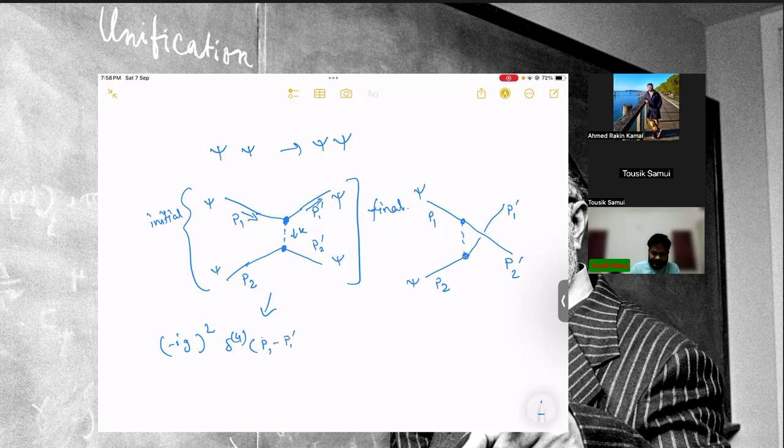So this one minus k, right, and delta 4 p2, this is P2, this is minus P2 prime plus K. So assuming that this is 0, meaning that all the incoming, so P1 is incoming to the vertex, P1 prime was going outward, so that's why I had to take minus sign, and then K also had to be taken minus sign because it is going out from the vertex, okay, for the first.